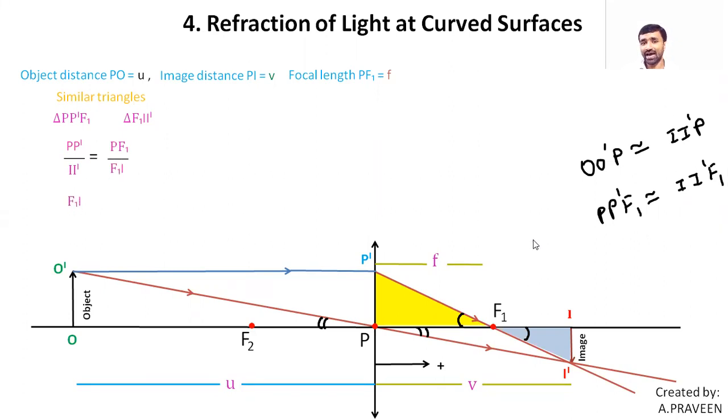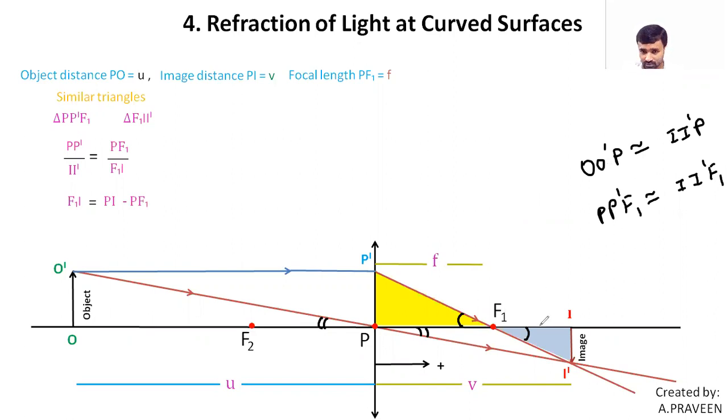So from this, I am writing F1I by I'. Sorry, F1I is equal to PI minus PF1. Are you clear? Why have I taken F1I equal to? Because it is the unknown value.